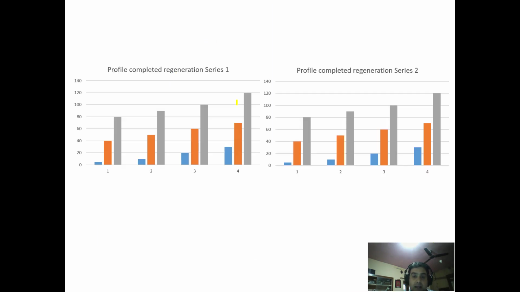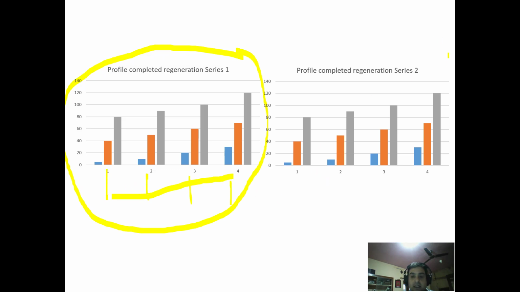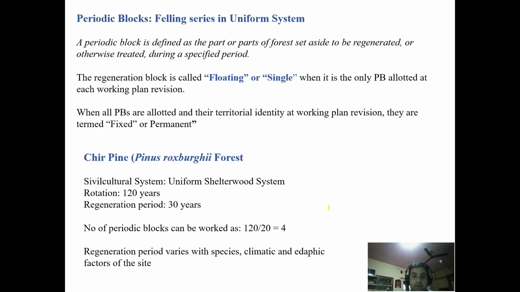This is the profile in a felling series, how it will look in a selection system. This is for each cutting section, and this is in felling series 2. This is how the age profile of the cutting sections will look in a felling series.